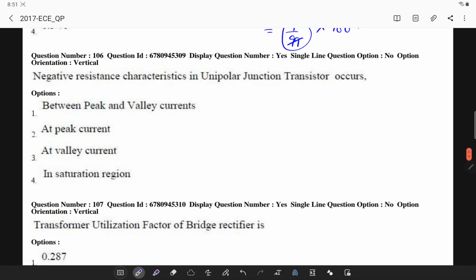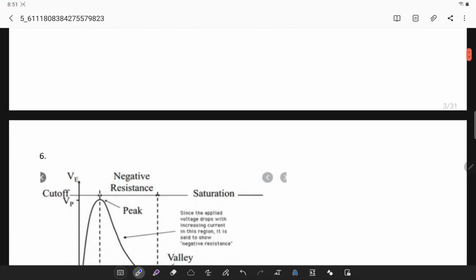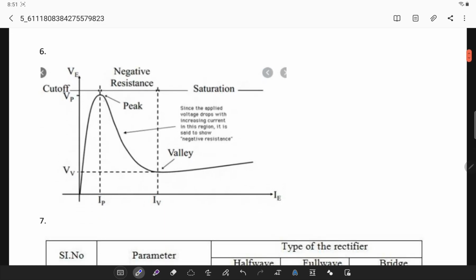Next, negative resistance characteristics in a unijunction transistor. You have to see the characteristics of the UJT. This is somewhat related to the tunnel diode also.